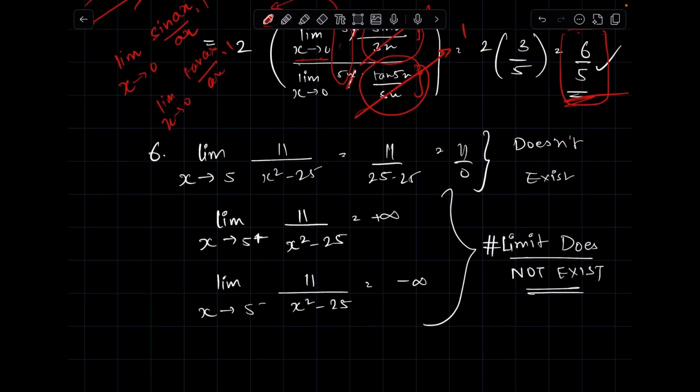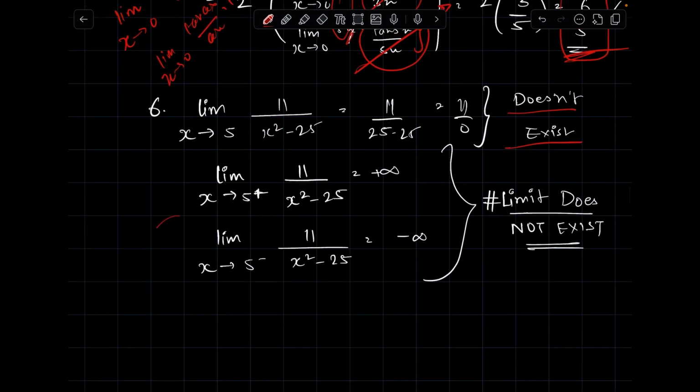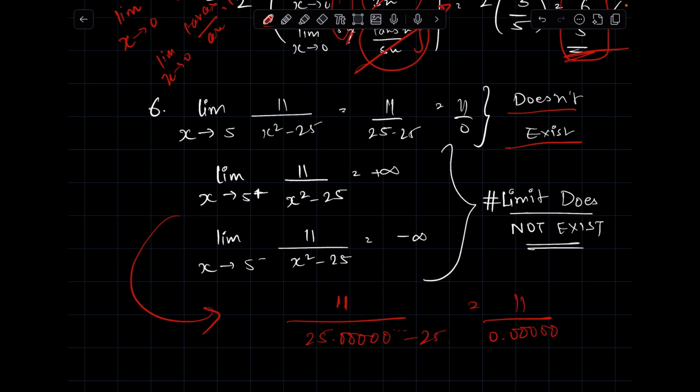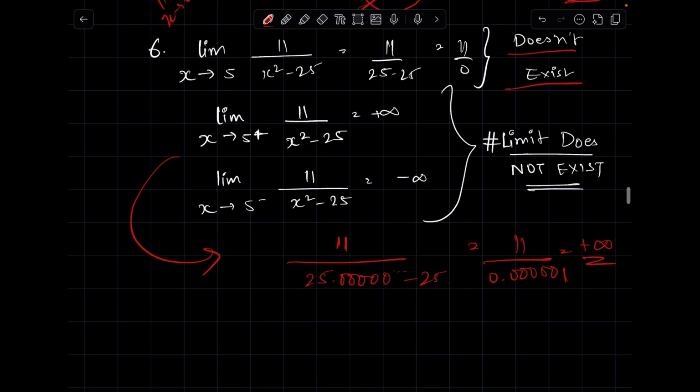Sixth question, limit x tends to 5 of 11 upon x squared minus 25. When you input the value, you'll get 11 upon 0, and therefore the limit doesn't exist. So let's check the left-hand side limit and the right-hand side limit. From the right, x will be 5.0001 and so on, so x squared minus 25 is a tiny positive number, so it will be 11 upon 0.0001, which is positive infinity.